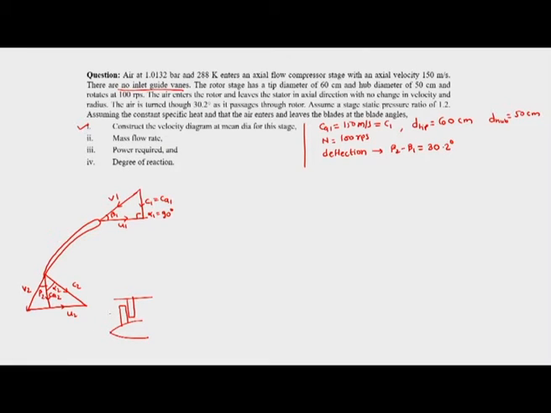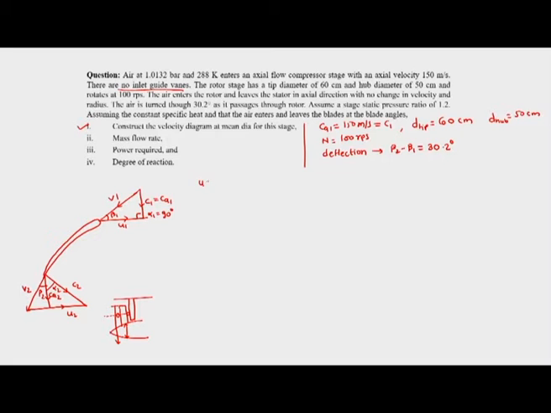We are given the hub diameter and the tip diameter, but we should always work with the mid height of the blade. So all our calculations belong to the mid height of the blade. So we take the mean of these two diameters to find the mid height. We have drawn the inlet velocity triangle and the outlet velocity triangle, where there is no change in radius, as suggested.